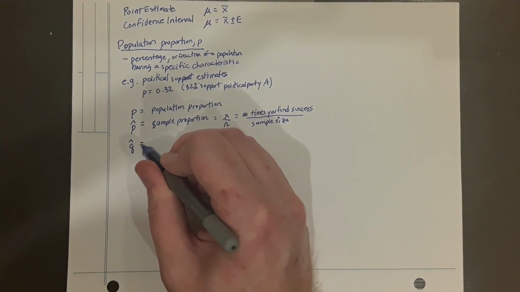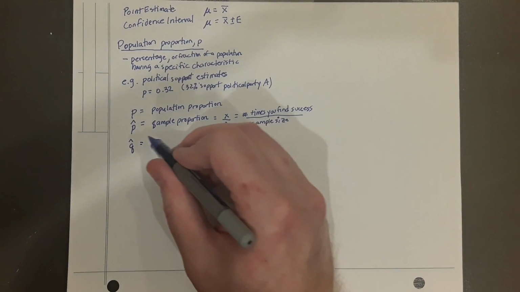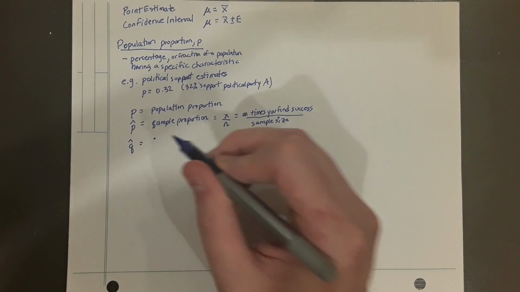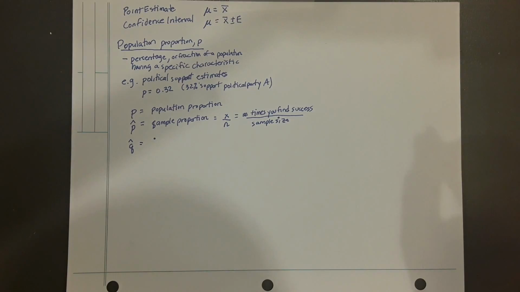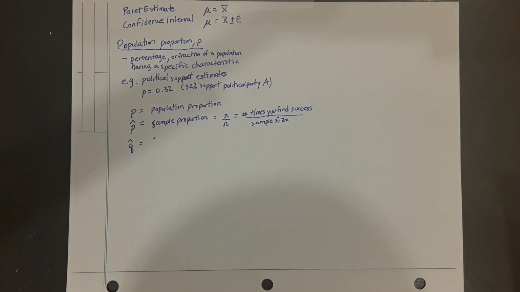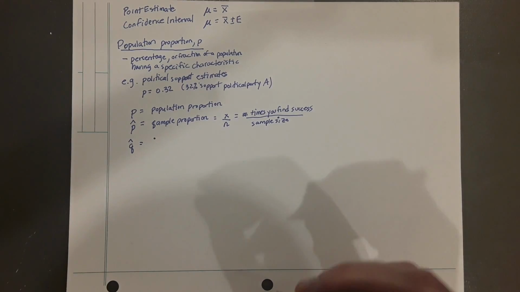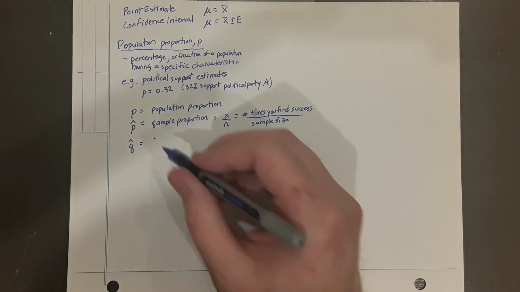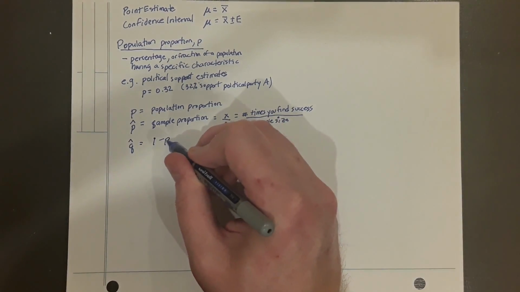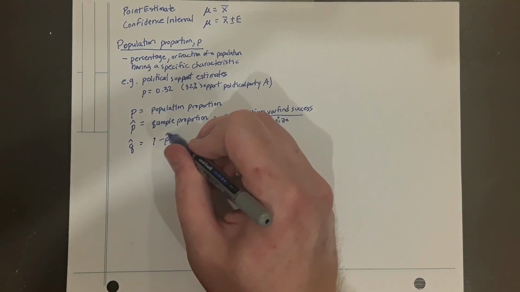By definition then, Q hat is going to be the likelihood of finding a failure, or the likelihood you don't find somebody in the population having the characteristic you're looking for. And so it's just going to be the complement. It's going to be 1 minus P hat.